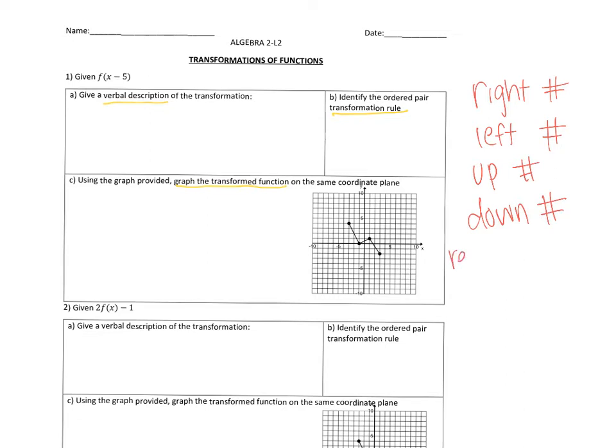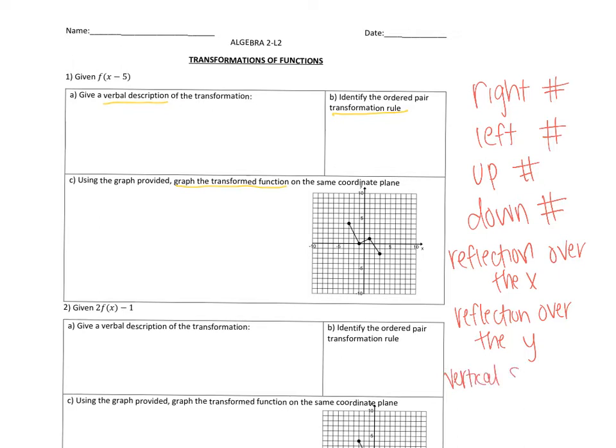We can see a reflection over the X, reflection over the Y, and then we have a vertical stretch by a number and a vertical shrink by a number. So what we want to do is use these 8: 1, 2, 3, 4, 5, 6, 7, 8.